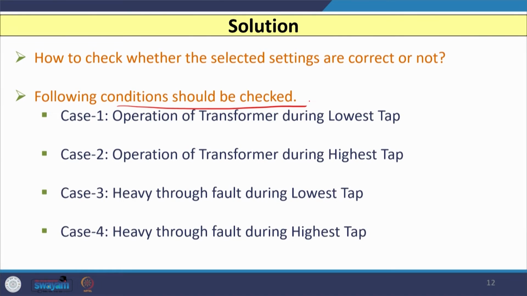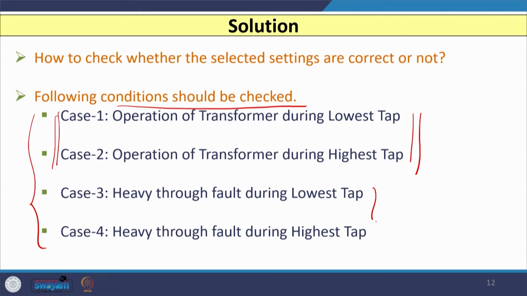Now, whatever settings we have assumed, to cross check or verify them, we have to consider different cases. So, let us consider these 4 different cases one by one. The first case is related to the operation of the transformer on the lowest step, and the second case is related to the operation of the transformer on the highest step.